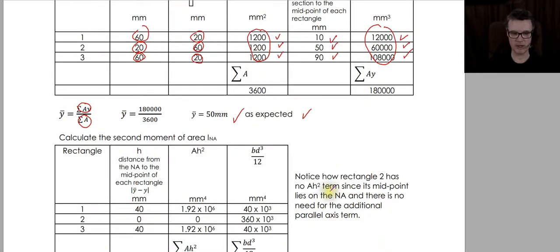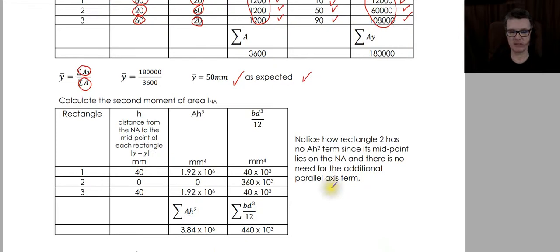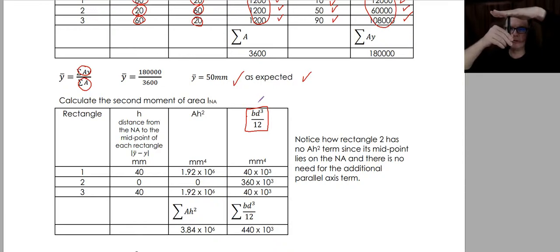So now we're going to go on to the next bit, which is to do the parallel axis theorem components, and also the second moment of area components for the three rectangle sections. We've seen previously that the b times d to the power 3 divided by 12 term will change depending on whether we're putting our beam this way or this way. If my load is coming from above, I expect a bigger I if the beam is this way than if the beam is this way.